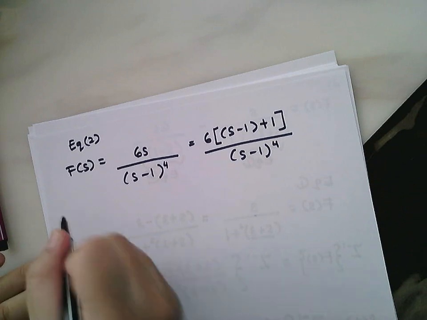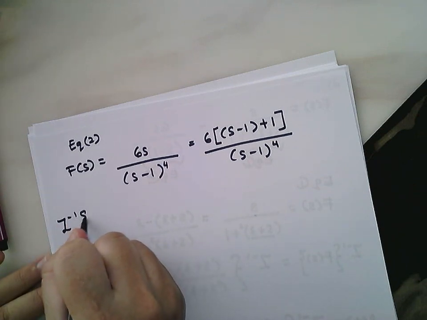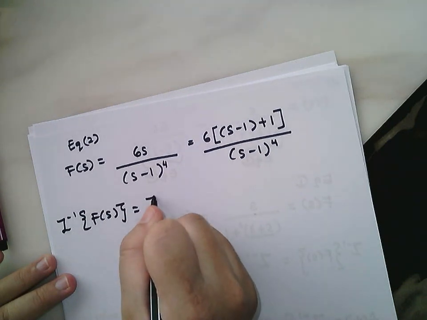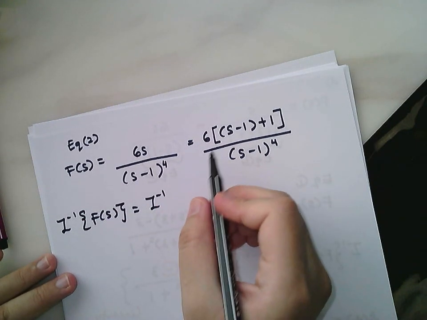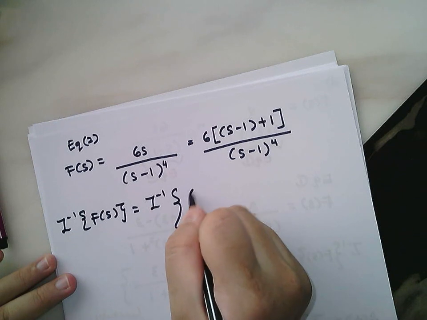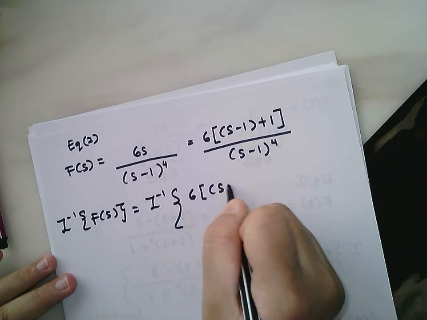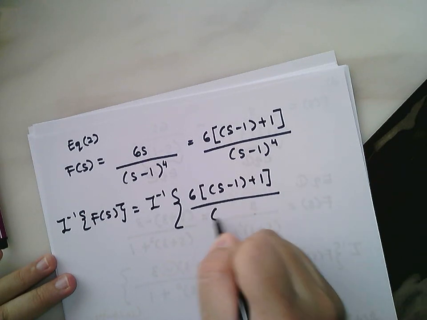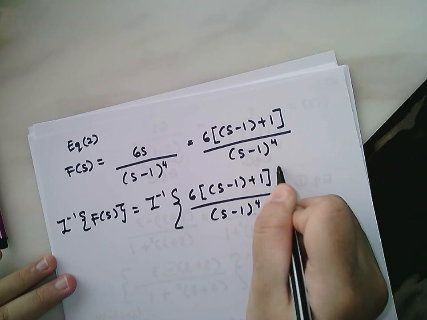So therefore the inverse of F(s) is equal to the inverse of the whole function, 6 (s minus 1 plus 1) over (s minus 1) to the power of 4.